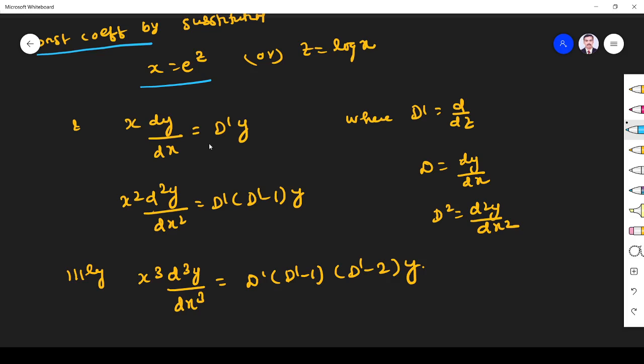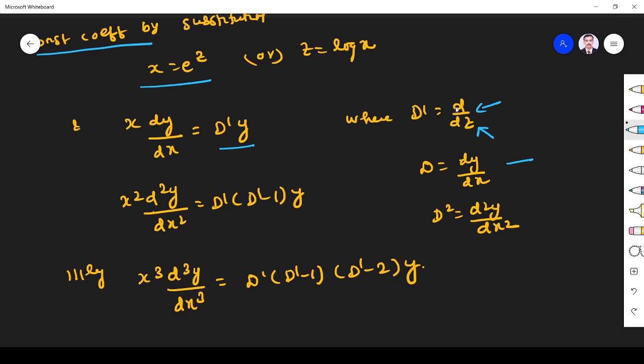We also substitute x dy by dx equal to d dash y, where d dash is equal to d by dz. Please remember, d dash is equal to d by dz. x dy by dx is replaced by d dash y. x squared d squared y by dx squared is replaced by d dash into d dash minus 1 y. Similarly, x cube d cube y by dx cube is replaced by d dash into d dash minus 1 into d dash minus 2 y.